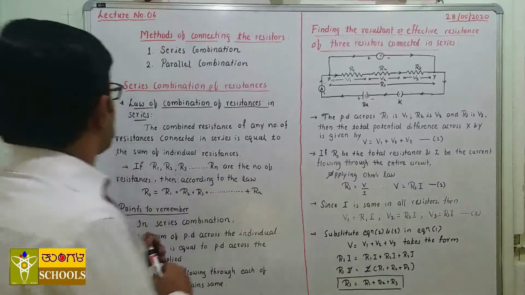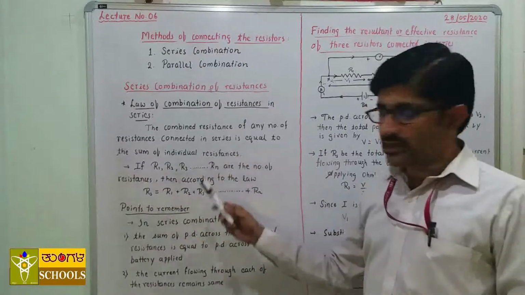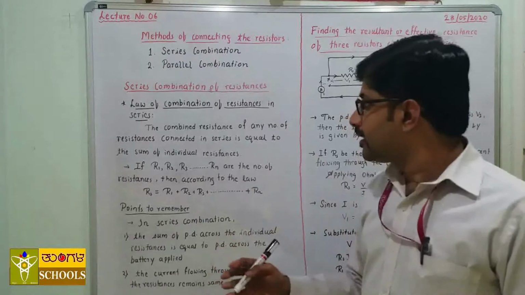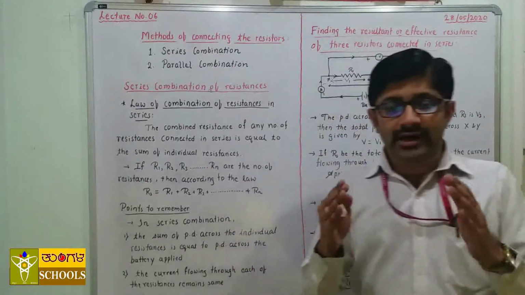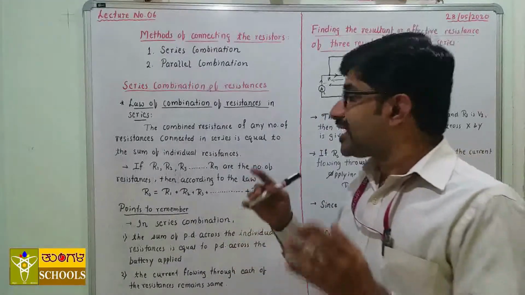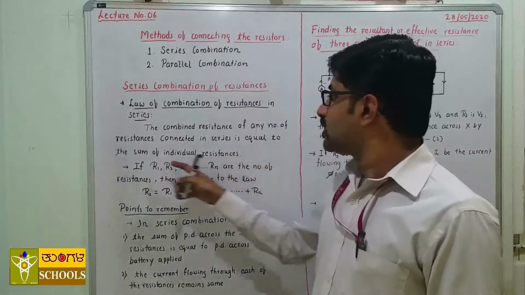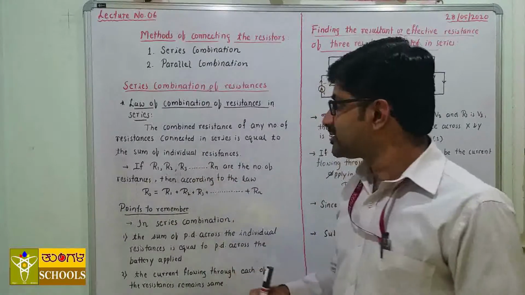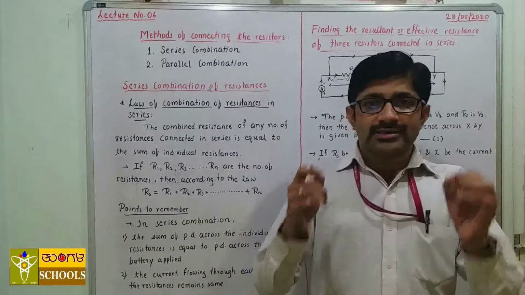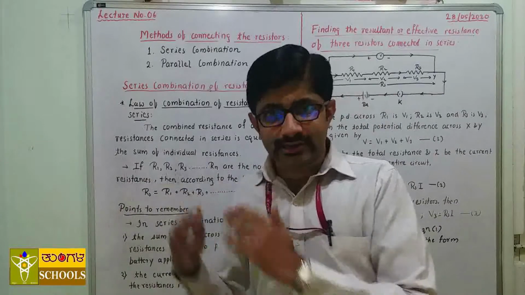It states that the combined resistance of any resistors connected in series is equal to the sum of the individual resistances. That means the combined resistance of all the resistors is equal to the sum of each of the individual resistances.